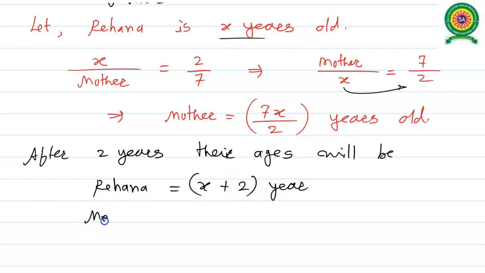Now her mother, nowadays she is 7x divided by 2 years old, so after 2 years, she will be 7x divided by 2 plus 2 years old.